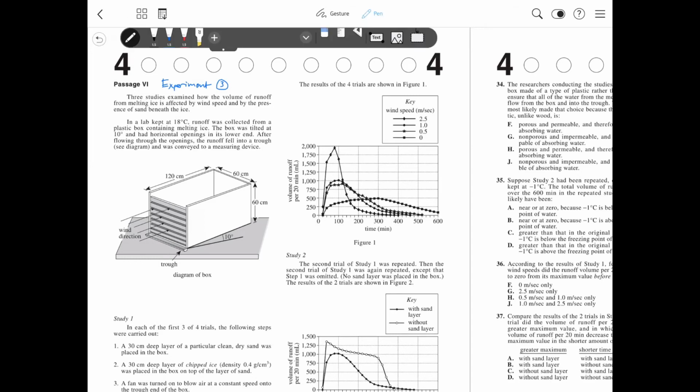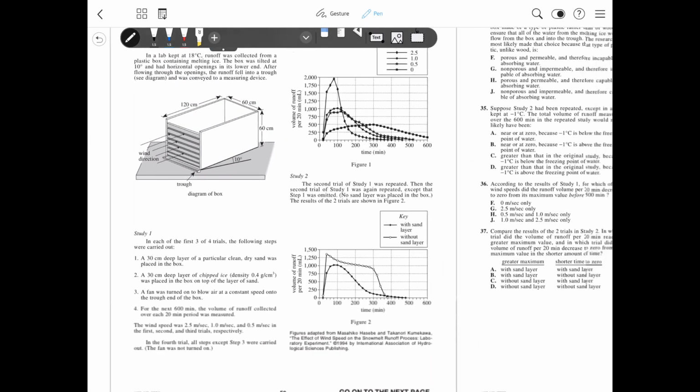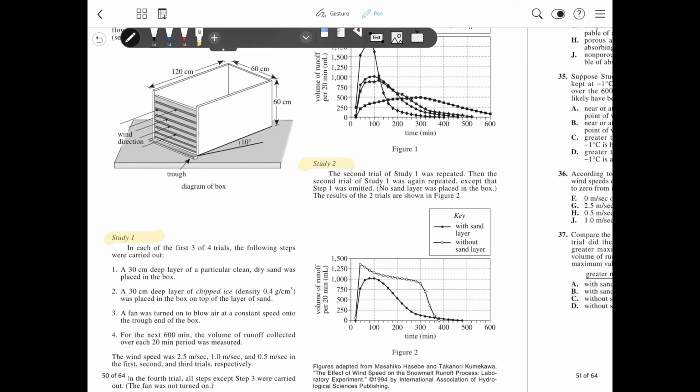Here we can look for the common identifiers again, and for this passage in particular, they use the words study 1 and study 2. This is similar to the one we had a few passages ago where it said experiment 1 and experiment 2.